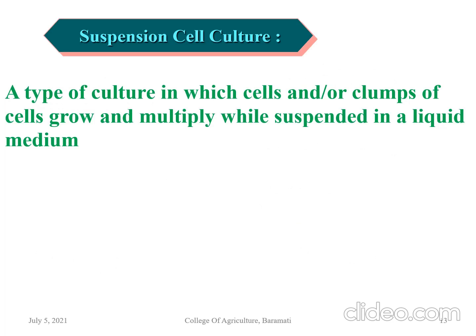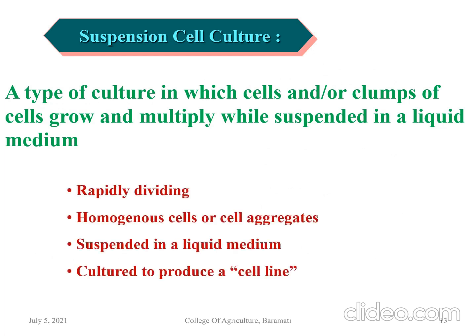Suspension cell culture is a type of culture in which cells and/or clumps of cells grow and multiply while suspended in a liquid media. Why is it important? It gives you a faster culture replication. It has rapidly dividing cells. That's why it is much easier to scale up the production of suspension cells.